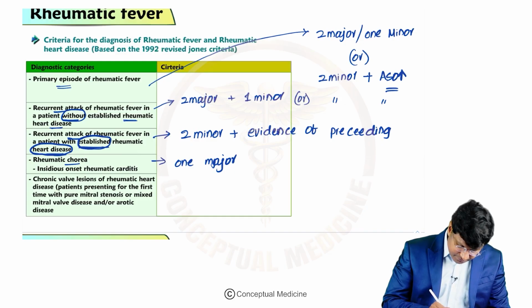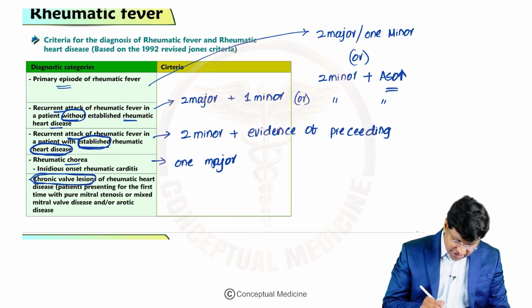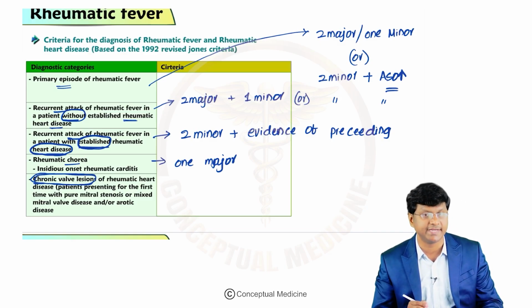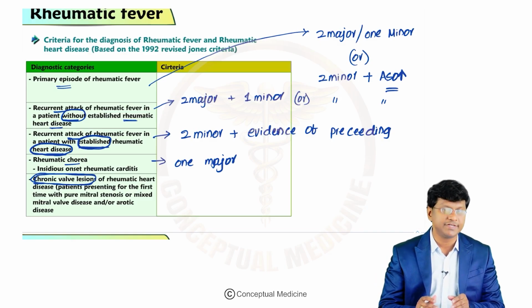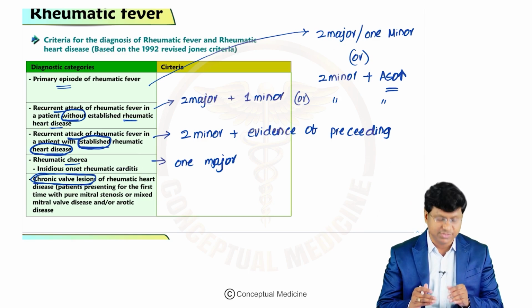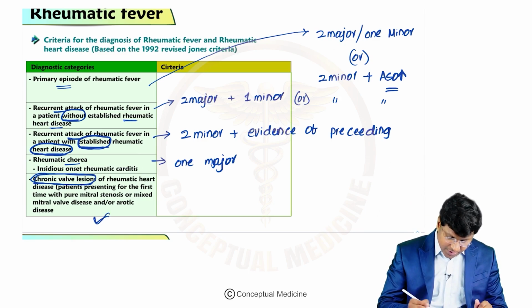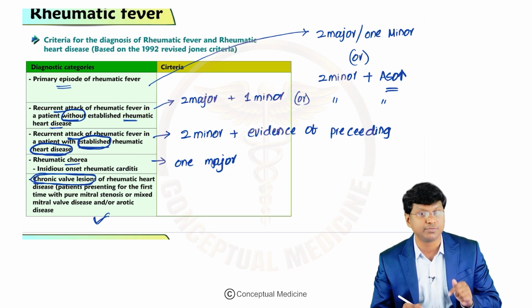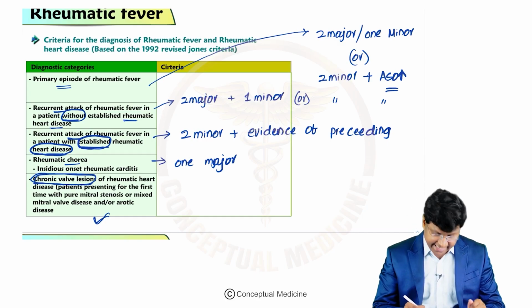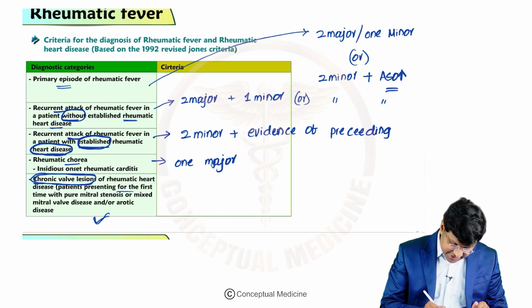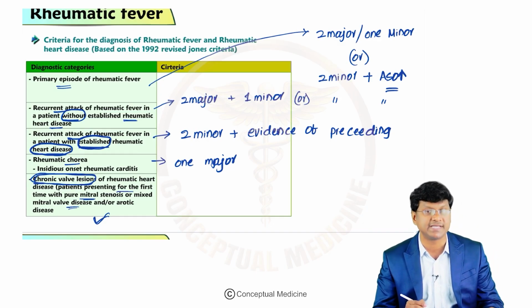Whereas if the individual is having chronic valve lesions of the rheumatic heart disease, see, most of the times in our day-to-day practice, this is the scenario we see. Chronic valve lesions of the rheumatic heart disease, with the patient presenting for the first time with pure mitral stenosis or mixed mitral and aortic disease.